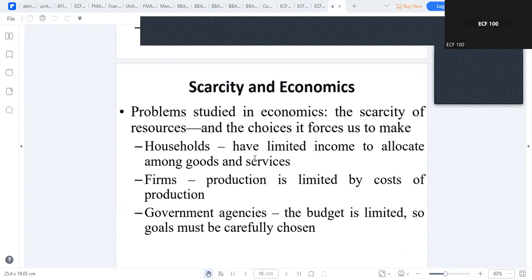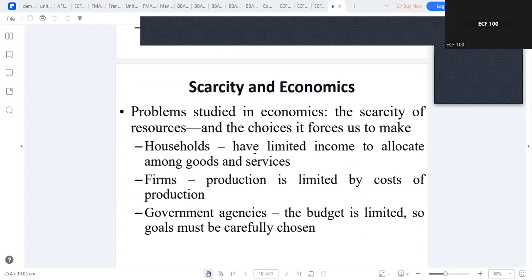Now, the problem of scarcity can be addressed if choices are made by three key entities: the households, the firms, and government agencies. Households have limited income that they need to allocate amongst the goods and services that they wish to consume. Firms also will need to make decisions on the cost of production, how they will split the cost to produce the intended produce.